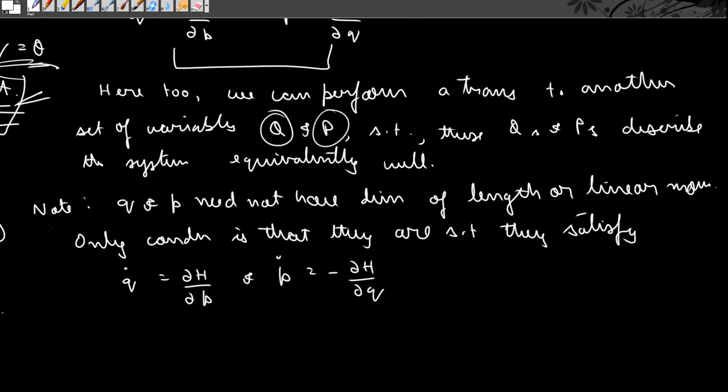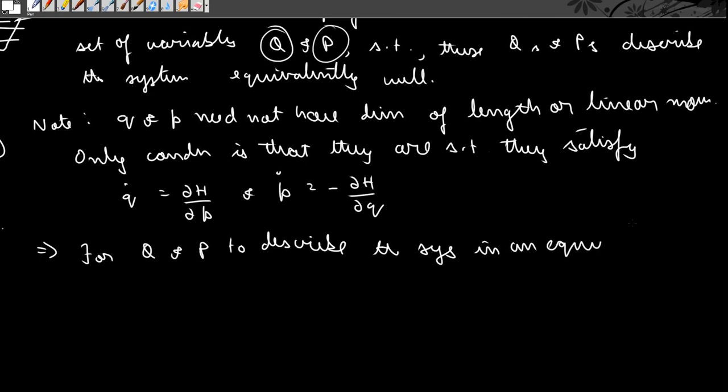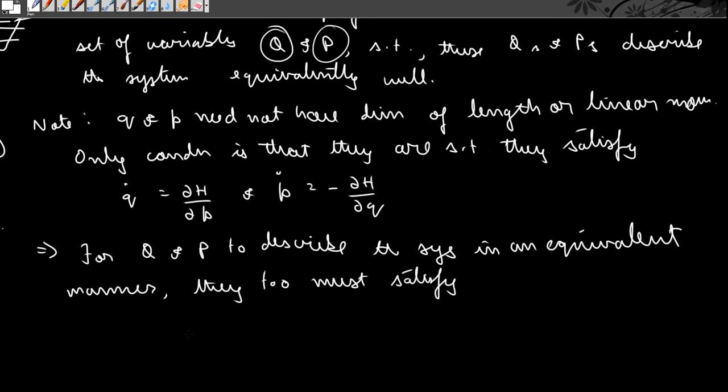So this implies that for the new transformed variables to describe the system in an equivalent manner, they too must satisfy Q dot equal to dou h dash by dou P and P dot equal to minus dou h dash by dou Q.